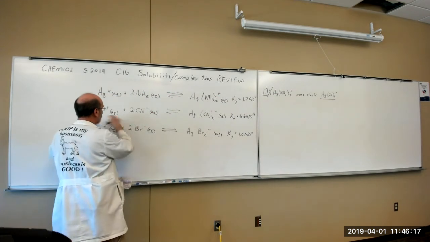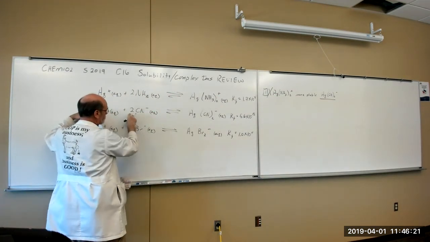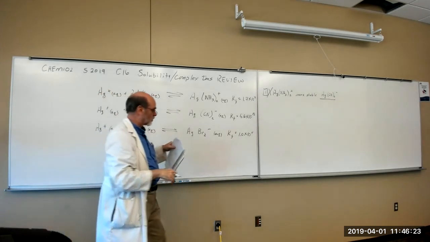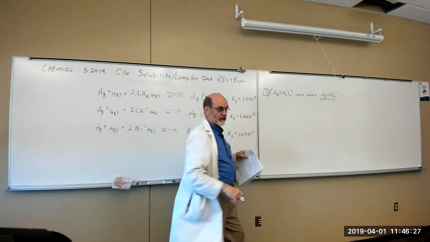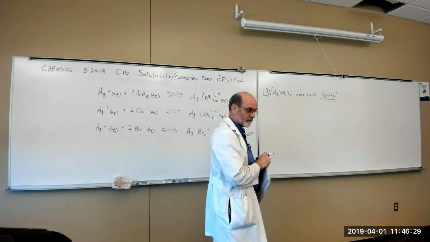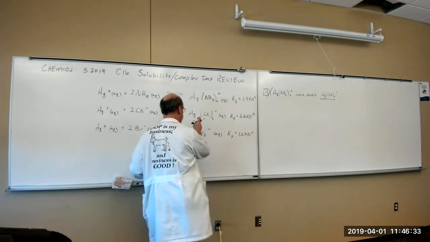And everything else is equal, two ammonias and two cyanides, so we can directly compare the KFs. So a bigger KF means that it's favoring the product.